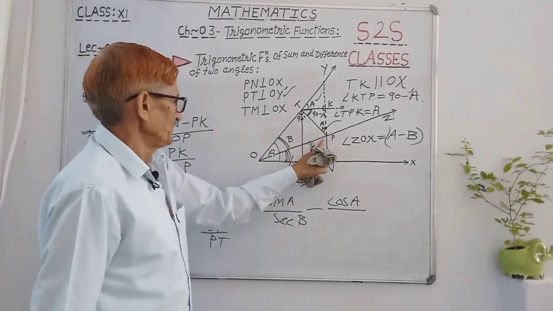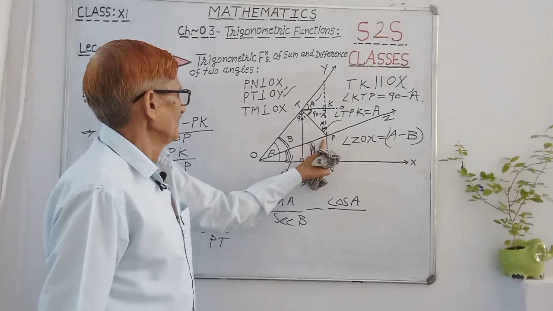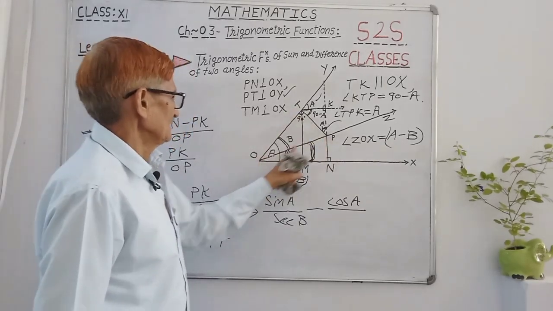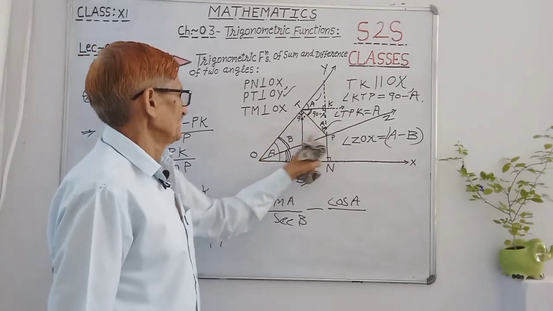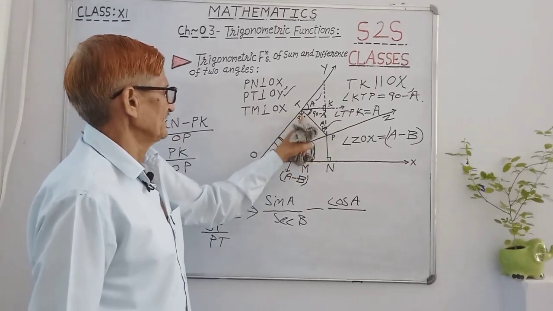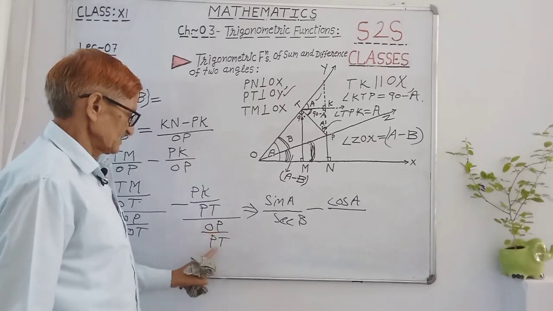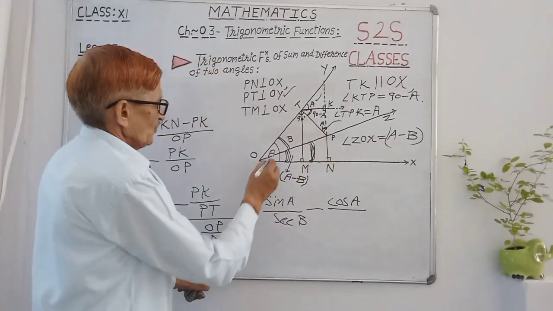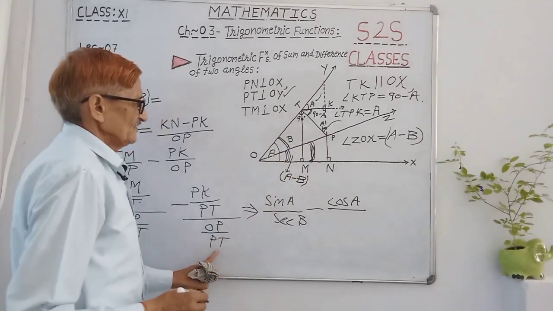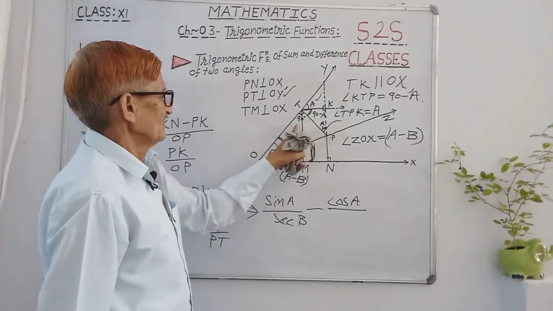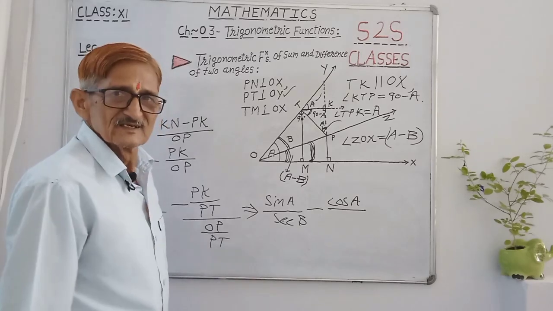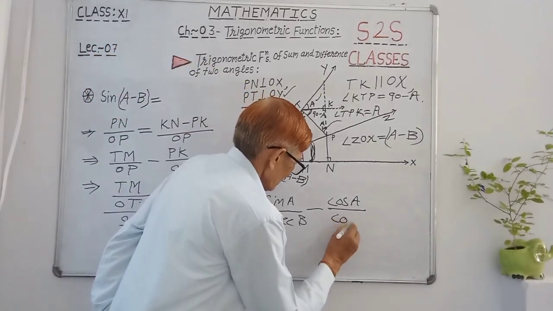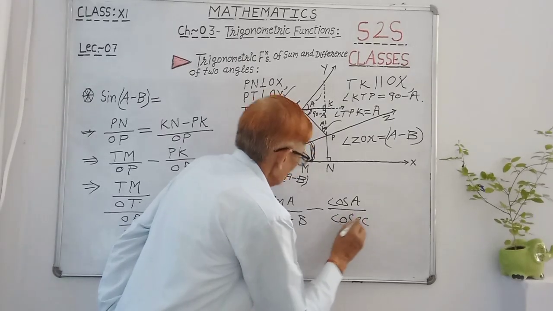In right triangle OPT, OP is the hypotenuse because at point T it is 90 degrees, and PT is the opposite side of angle B. So hypotenuse upon opposite is the reciprocal of sine, so it is cosec B.